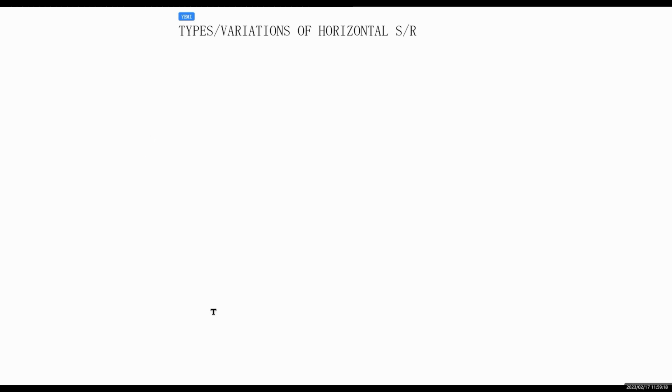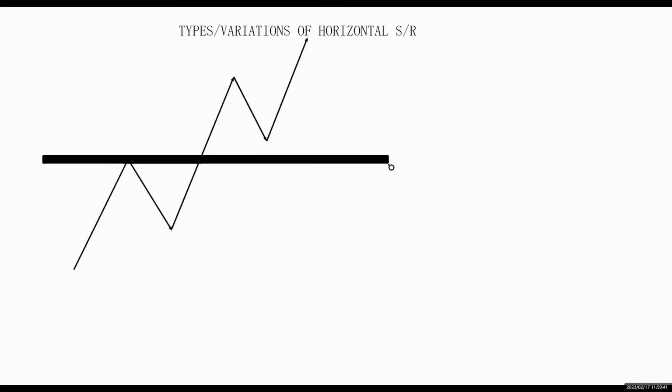Usually we have the first one, which is the most popular one, the one that you see all the time in the market, which is just the literal one right here, where price finds an area of horizontal support, retraces back and actually finds an opportunity and lifts off. This is the most common one we see in the market. And usually we will say this is our area where we can find our trade entry.